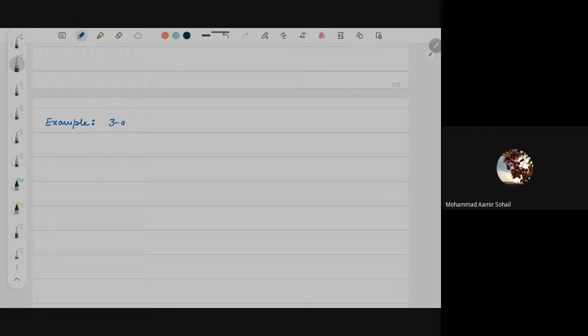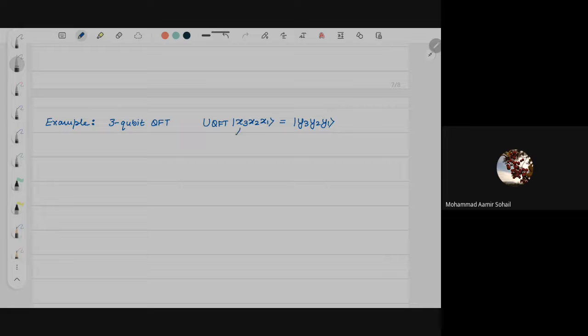We have this 3 qubit QFT. So we have this Y3, Y2, Y1, and then we have this QFT. We'll write it like this: X3, X2, X1, and this will give you Y3, Y2, Y1.